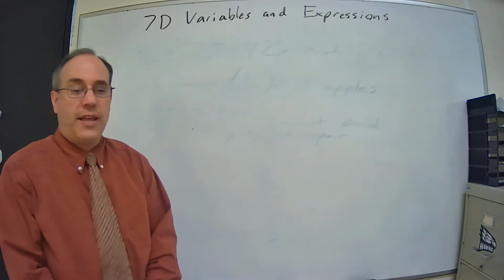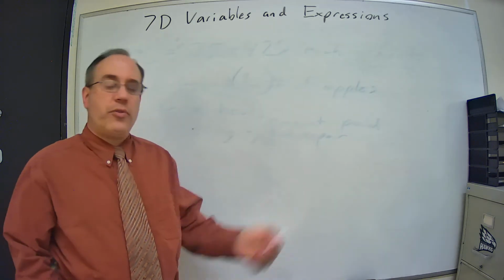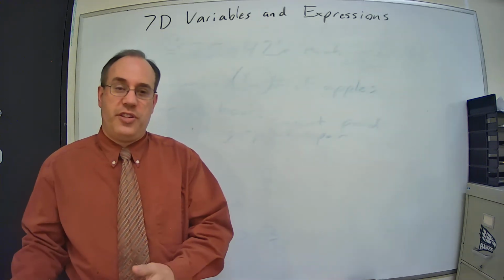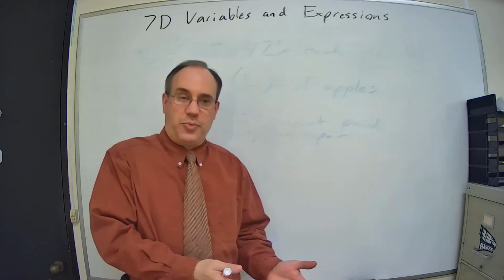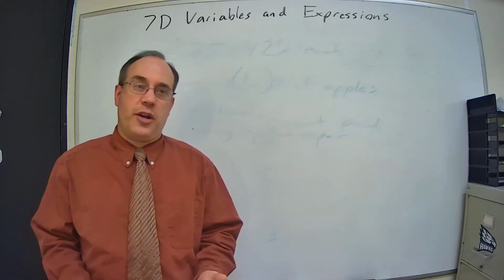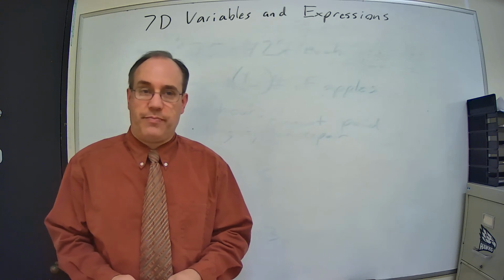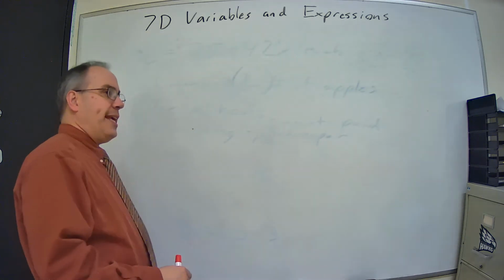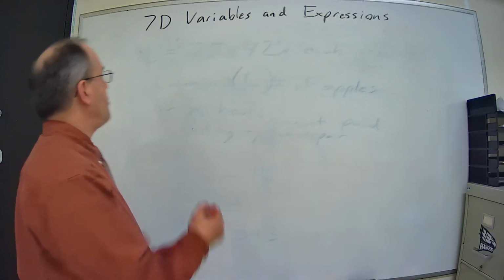So when we're looking at this and we want to work with it, we need to be able to translate. We need to be able to take words and write them as algebraic expressions, or take algebraic expressions and write them as words. So, the sum of a number plus 5.